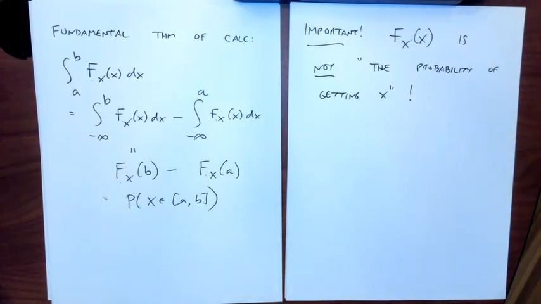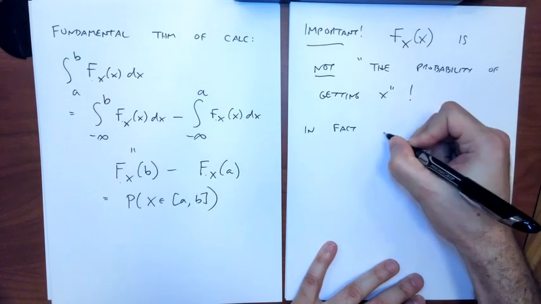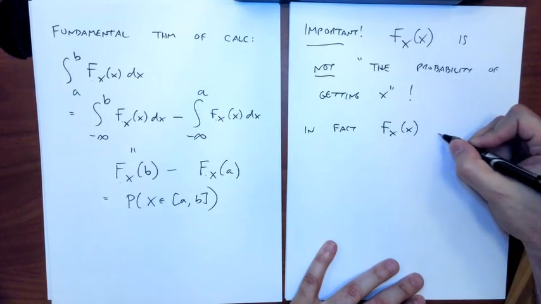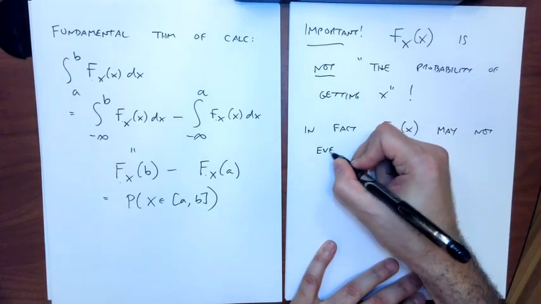We already kind of know that any given value in the interval has probability 0. In fact, this PDF may not even be a value in 0, 1.